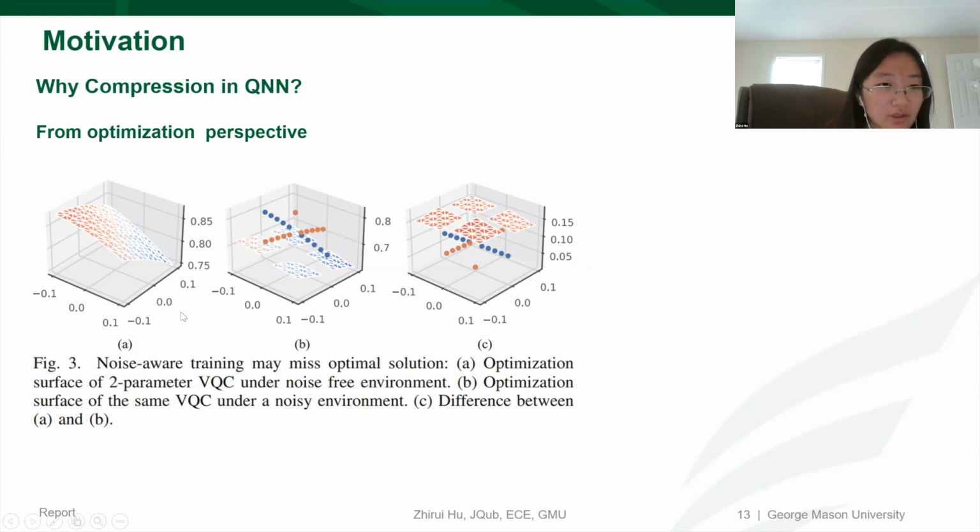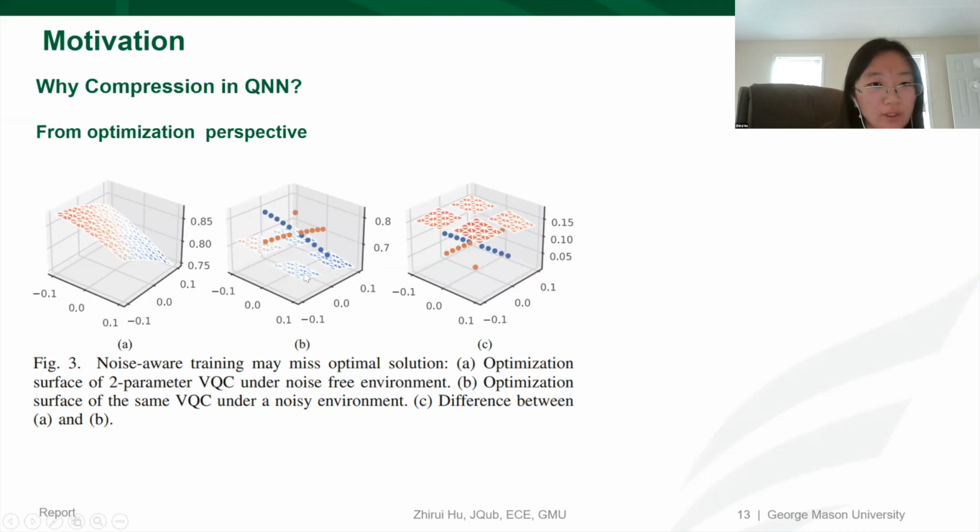As I change the two parameters, the loss will change, and I draw the loss as a surface. The first figure is the surface in a noise-free environment. We can see that it is a smooth surface. There is no point out of the surface.